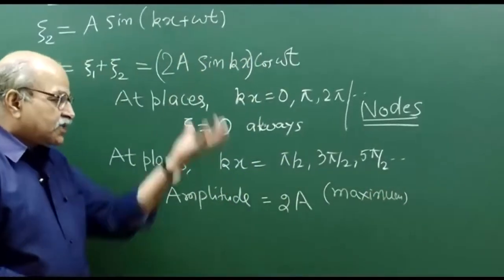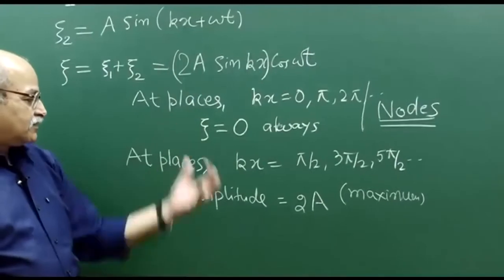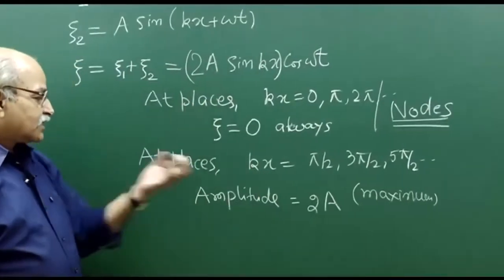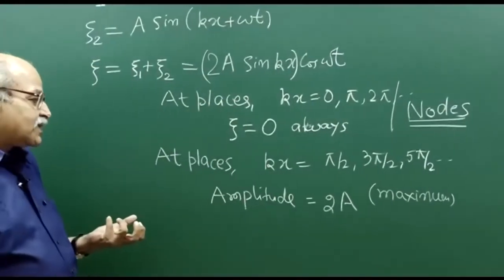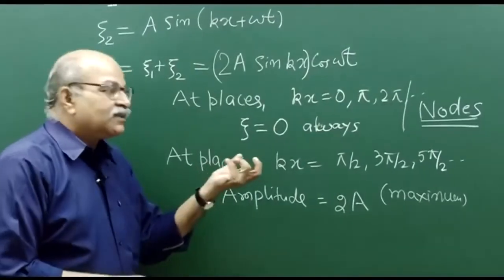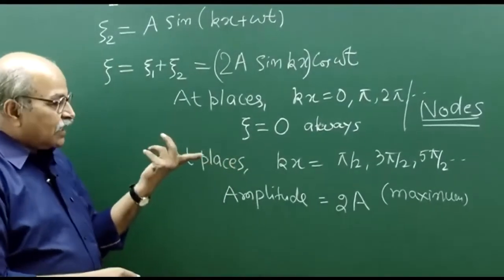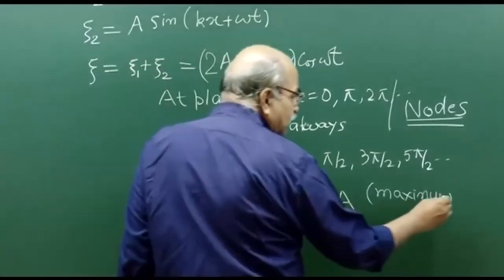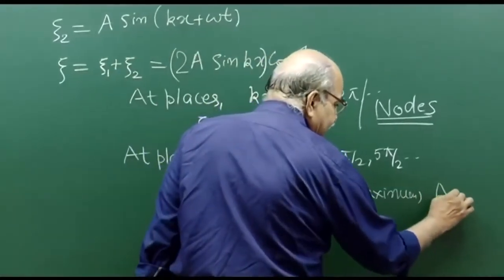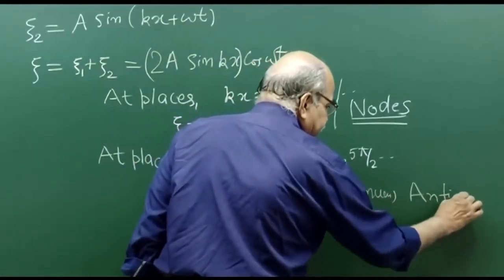So, at certain positions particles are vibrating with large amplitudes, at certain other positions they are not vibrating at all, and in between they have smaller amplitudes and so on. These maximum amplitude positions are known as antinodes.